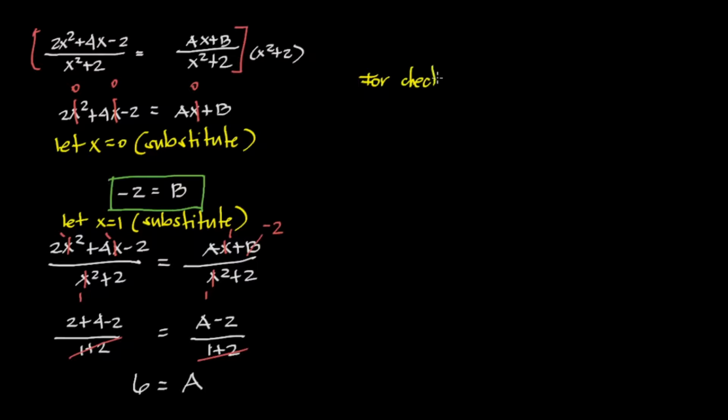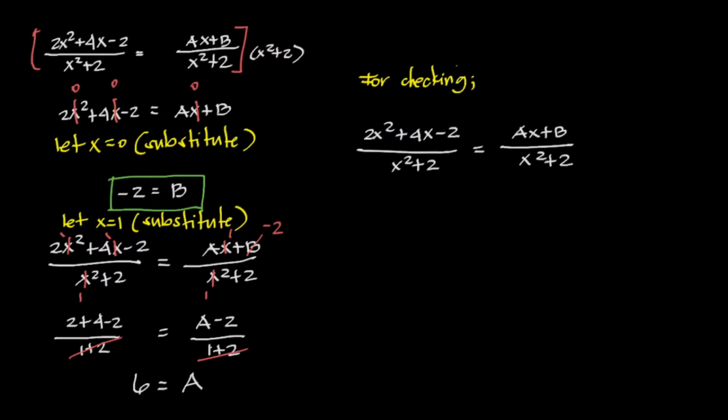Now for checking naman, ayan. So, sulat natin, we have 2x squared plus 4x minus 2 over x squared plus 2. That's ax plus b over x squared plus 2. Ayan. Normally, yung sa linear factor, ang ginagawa natin for checking is nagsi-set tayo kay x which is equal to 0.